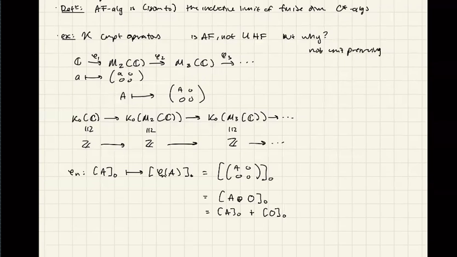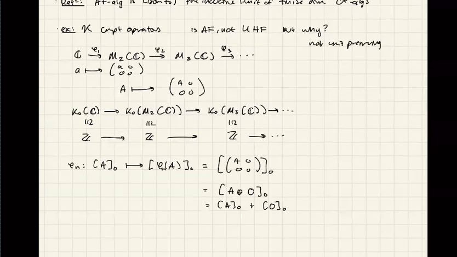Now, this 0, I'm being a little bit lazy with my notation here. This is the 0 element in our C-star algebra. And Rachel told us that the 0 element in our C-star algebra, that K0 class, will be the identity element in our K0 group, in our abelian group. So this is really and truly just the K0 class of A.